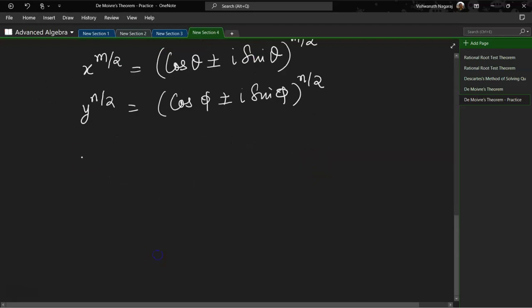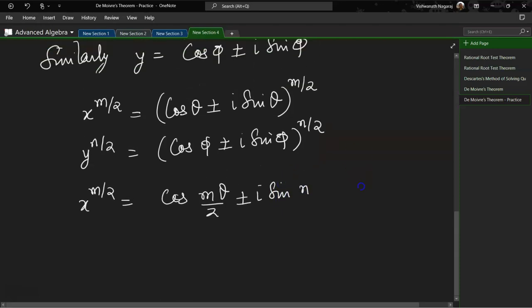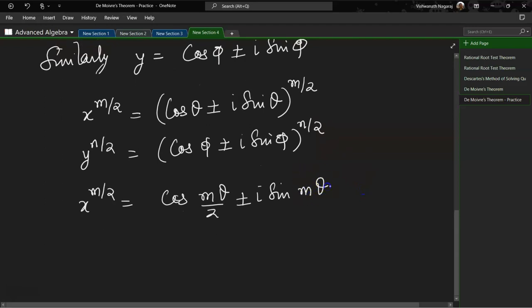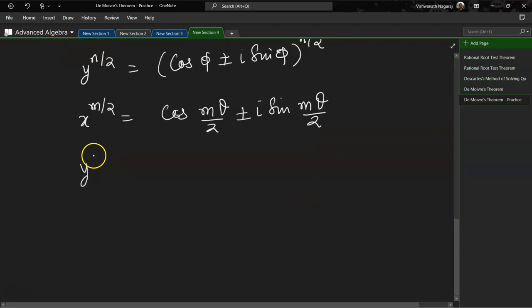Now we can apply De Moivre's theorem. So x to the power of m by 2 would be equal to cos m theta by 2 plus or minus i sin m theta by 2. Similarly, y to the power of n by 2 would be equal to cos n phi by 2 plus or minus i sin n phi by 2.